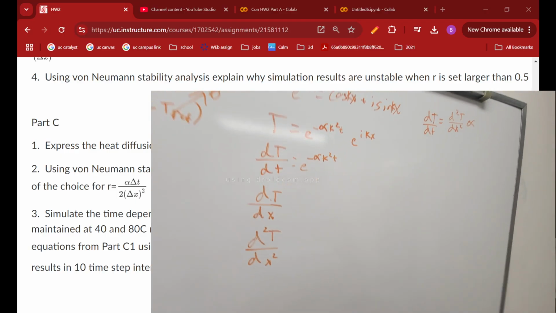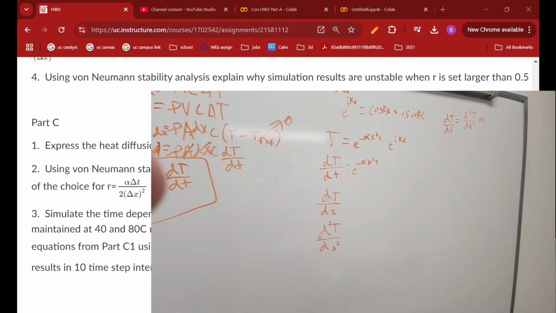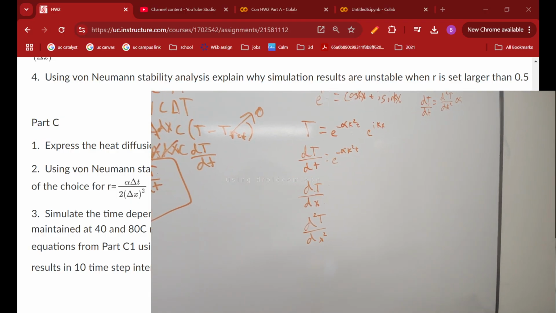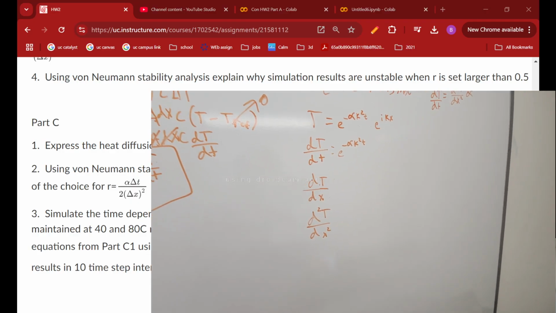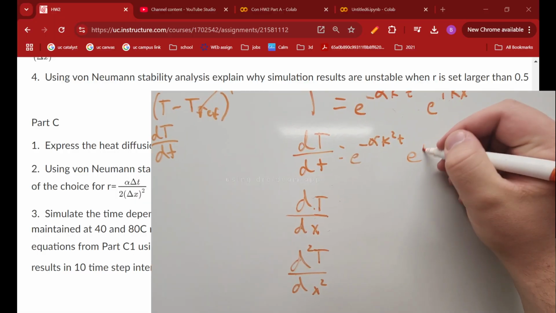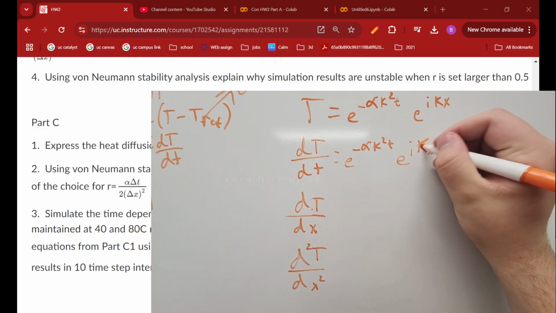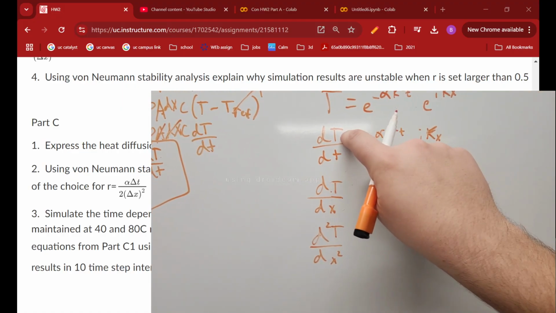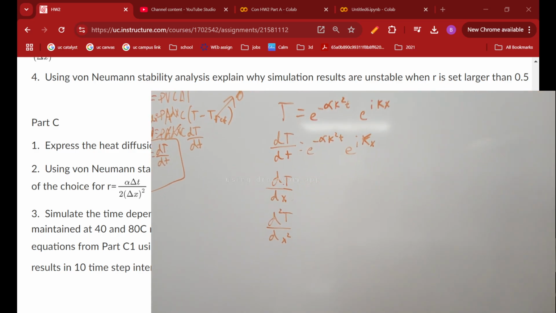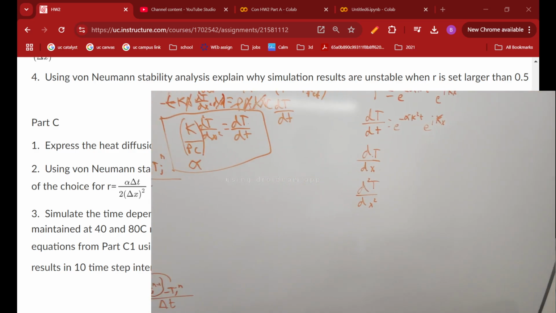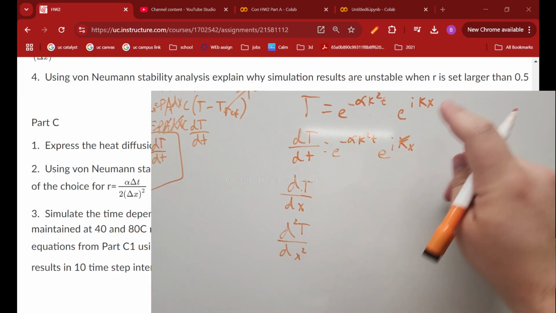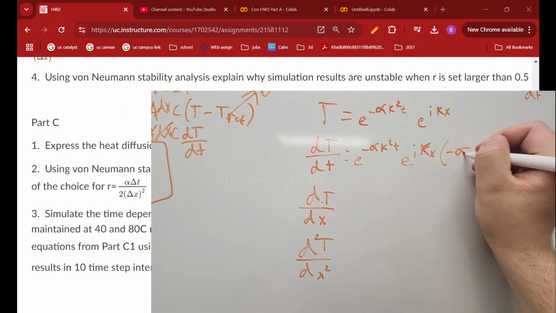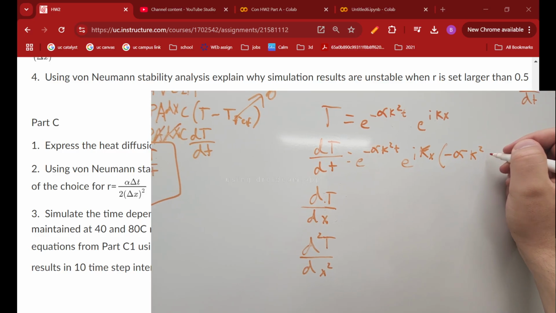This is product rule, isn't it? Derivative with respect to time. No, it's not. This is quotient rule, or not quotient rule. This is a constant because we're doing it with respect to temperature, or temperature with respect to time. There's no time here, there's time here. So then we'll also have to multiply by negative alpha k squared.